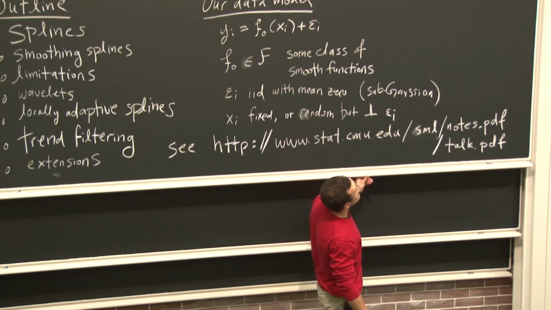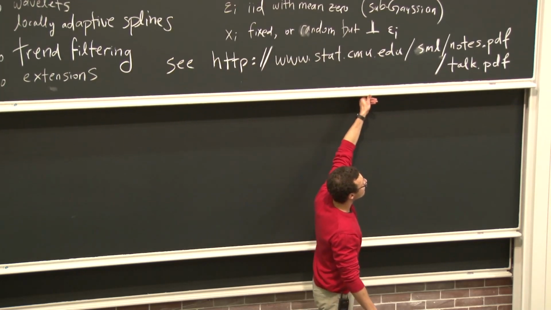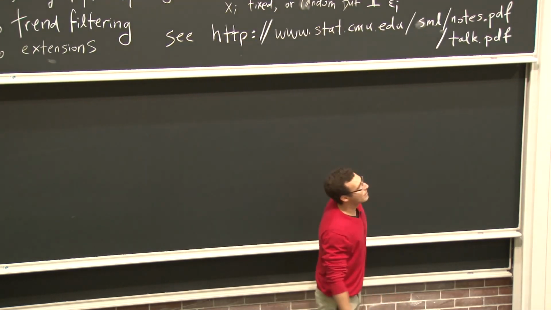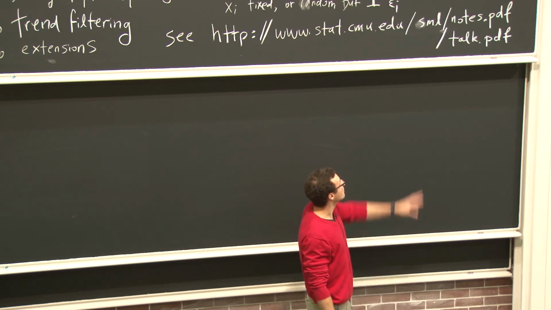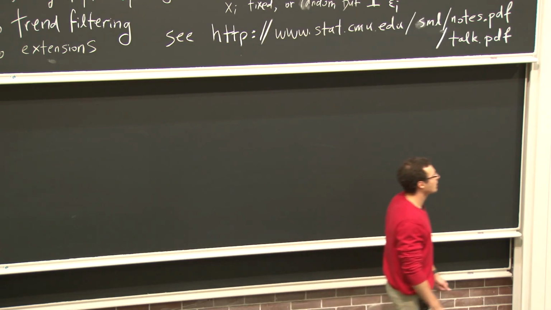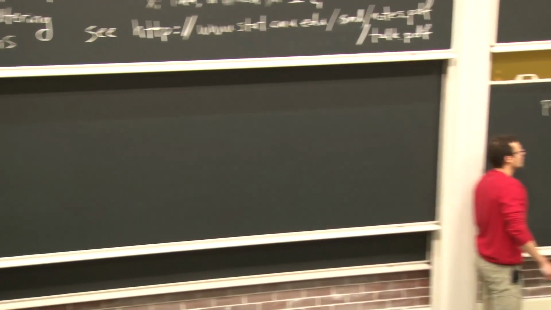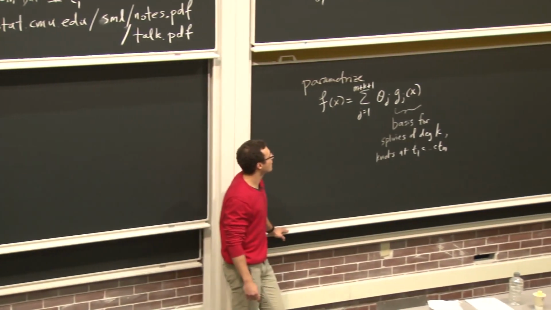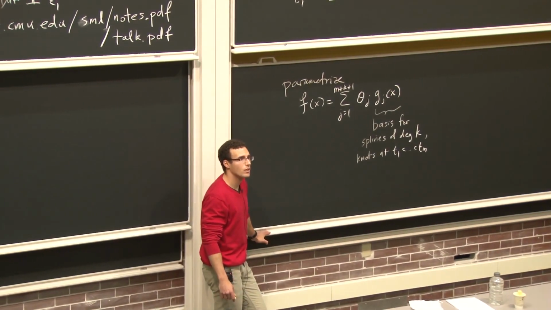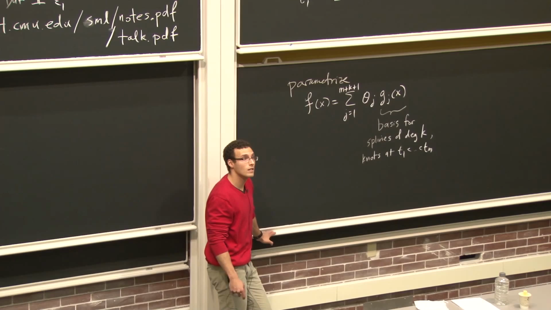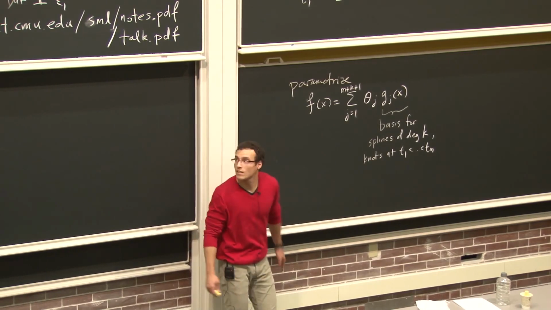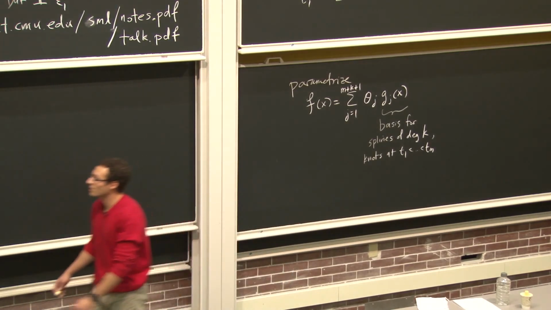Okay, so like I said, anything that you see and didn't manage to write down or didn't manage to fully digest, you can certainly take a look at those two links. So, okay, so the question was, why do I only have to write down m plus k plus 1 functions? Yeah? I think you're missing something between this and... Oh, yes. Thank you, Jisoo.